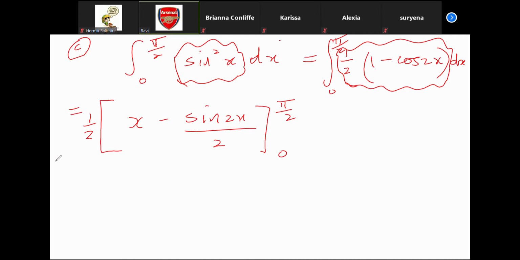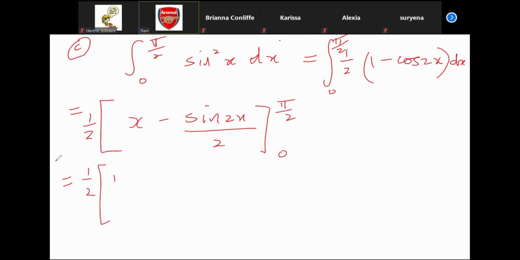So let's take the integral. Let's plug in now. Integral of x, so this is going to be equal to a half into pi on 2 minus sine of 2 by pi on 2, all over 2.